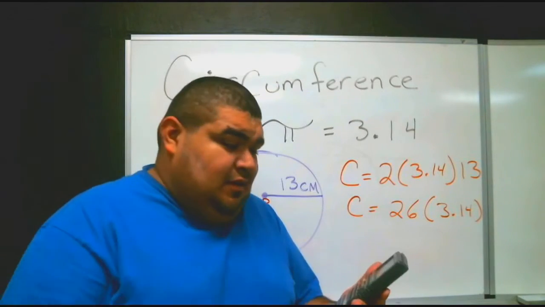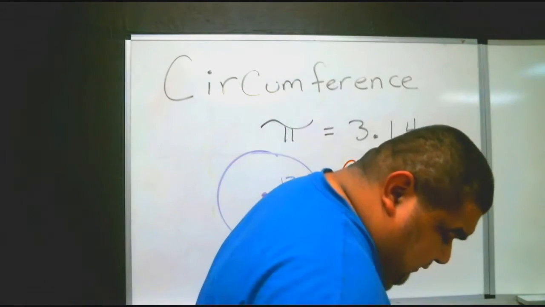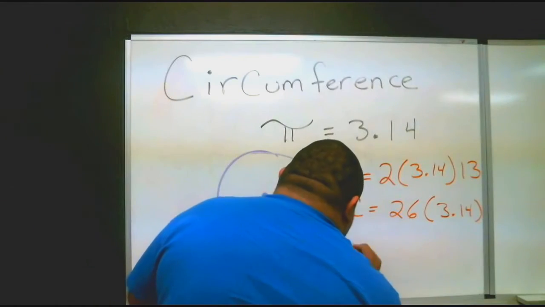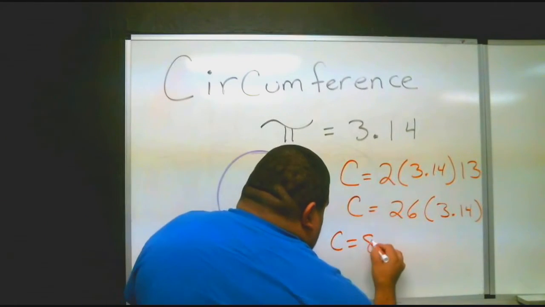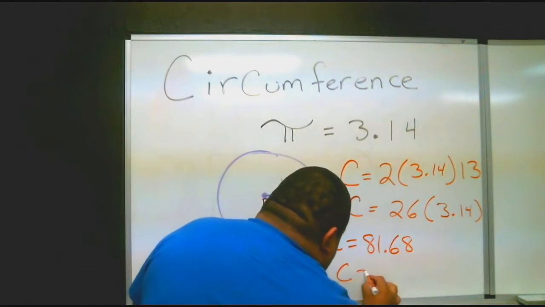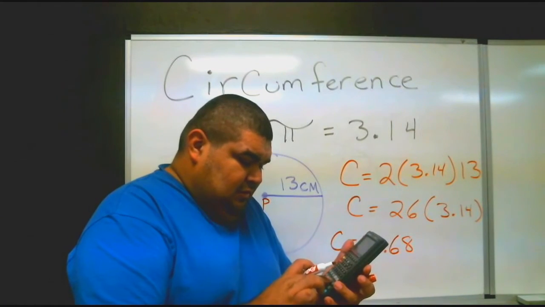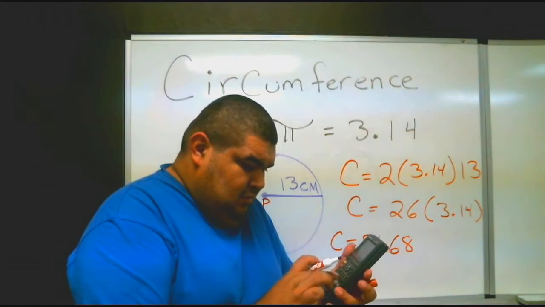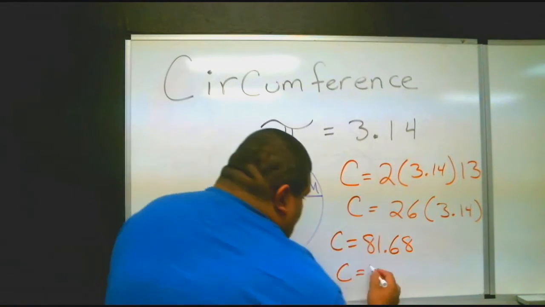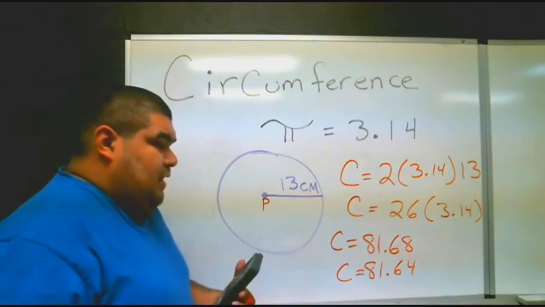So for the ones that did pi, your answer is C equals 81.68. If you did 26 times 3.14, you should have got 81.64. Okay?